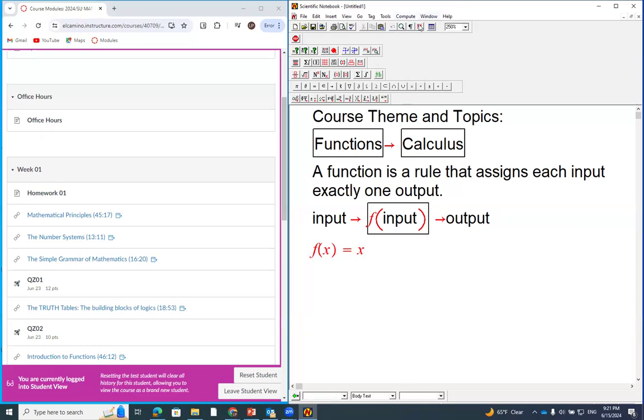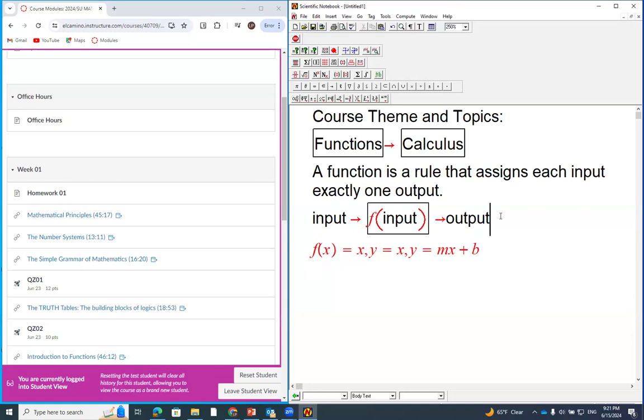You might have learned this as y equals x. And you may have also learned a tweak of this function, y equals mx plus b. All of these are linear functions, and this one is the simplest.